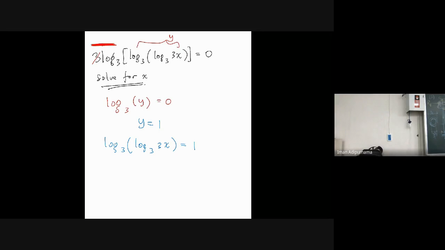The same thing with this whole method. You can make this x. Log base 3 of x: 3 with the power of 1 is 3.